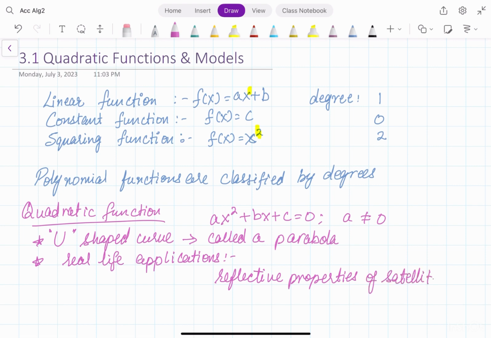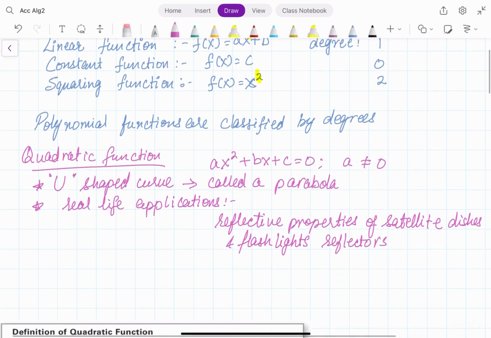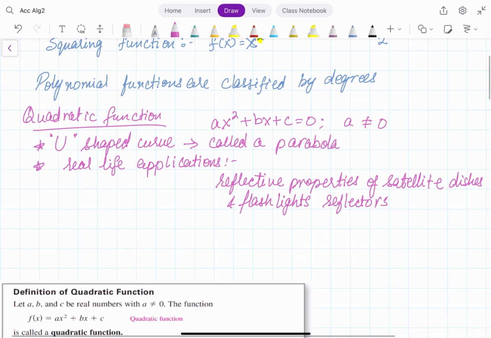For every concept in mathematics, you need to understand why it is used and where it is used in day-to-day life. Don't just memorize for the sake of memorizing and passing the test. Understand it in depth.